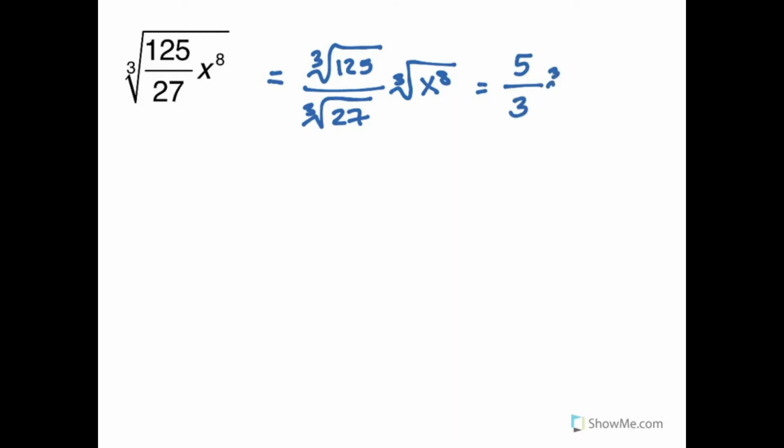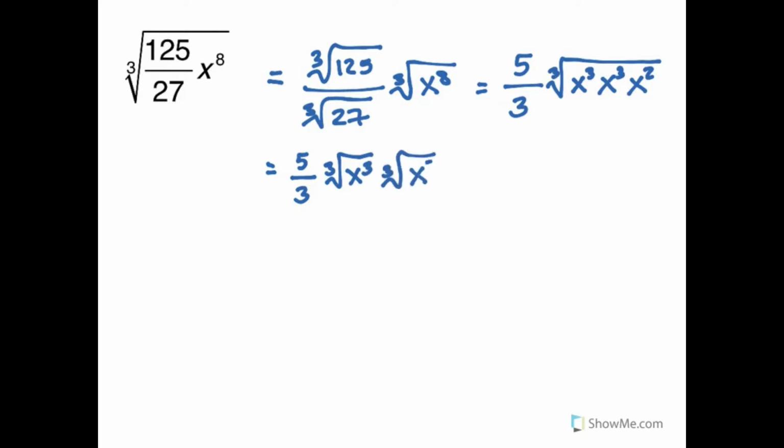Now I'd like to find how many cubes I have in x to the 8th. So remember that when you multiply, you add the exponents. I have an x cubed and another x cubed that make x to the 6th. And to get x to the 8th, I would have to multiply by x squared. Now, I can simplify that by separating out each thing into its own cube root again.